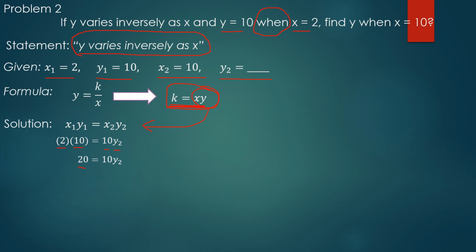Okay, kana. So, para makuha po nimo ang value na lang sa y sub 2 sa inyong buhaton sunod, inyong i-divide sa numerical coefficient, which is 10. So, i-divide nimo both sides. So, we have 20 divided by 10 equals to 10y sub 2 over 10. So, kaning 10 dire, cancel na ni.